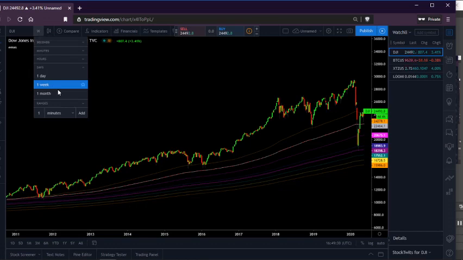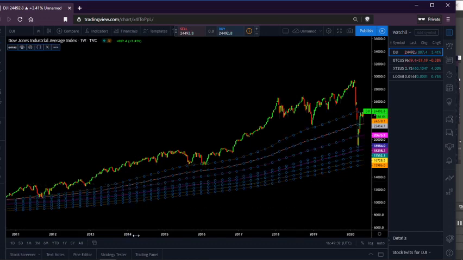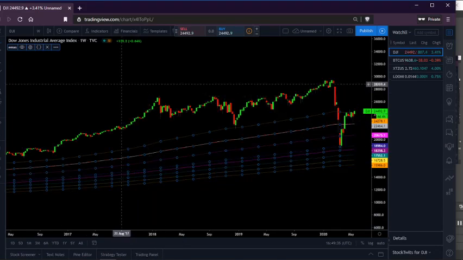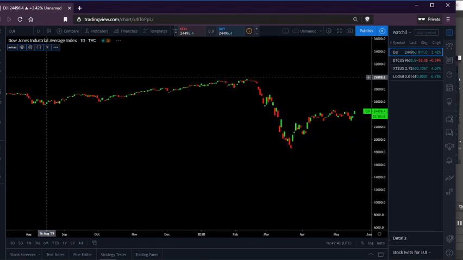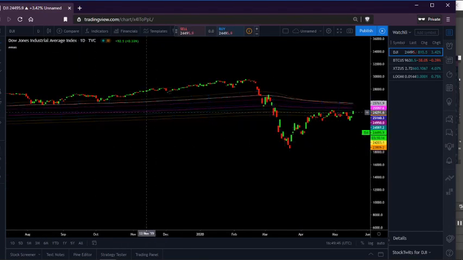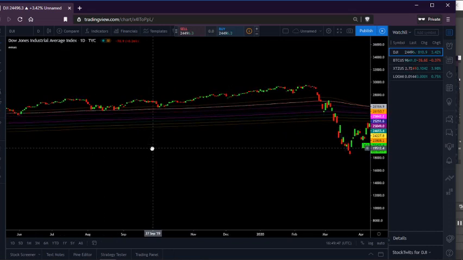Let's zoom out a little bit because this is a lot of data to load. Let's go to a day, right? You see how these wave functions start to act.